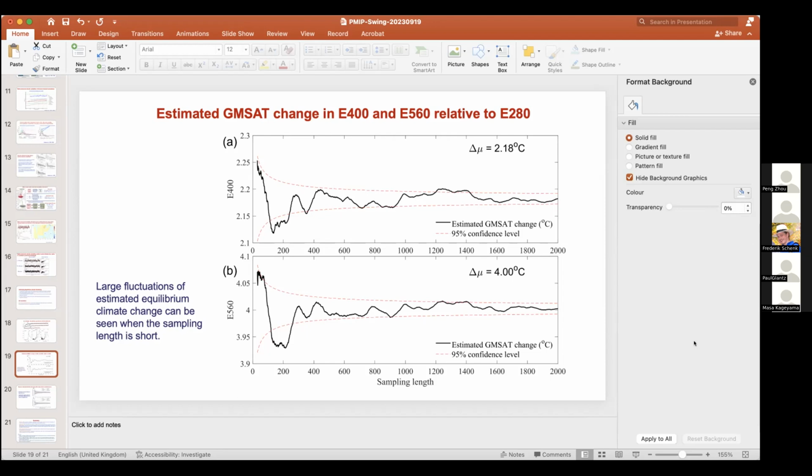Then we also need to think about how this variability affects the atmosphere and the climate, and how we are going to interpret those signals recorded in the proxy data. So quite a lot of things are still not clear.